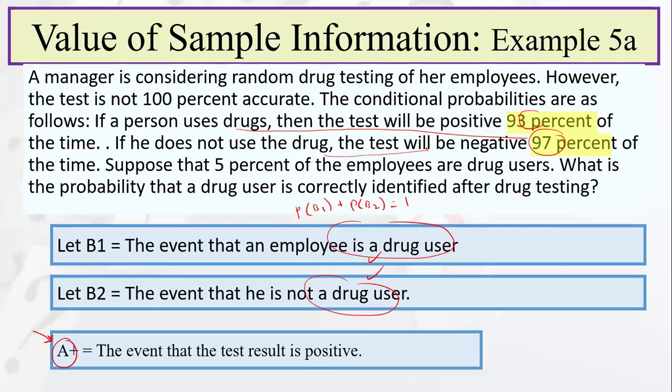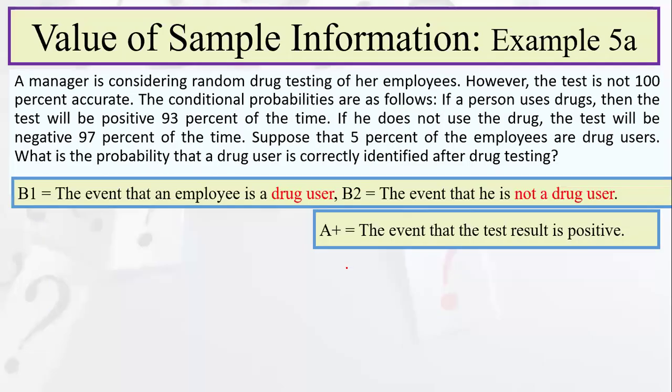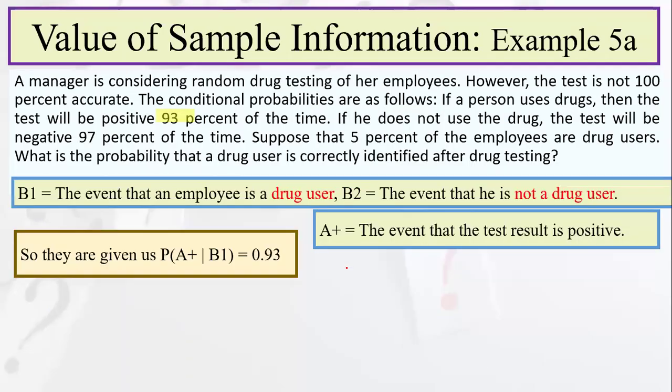So uses the drug and doesn't use the drug are B1 and B2, with A plus and A plus dash for the test results. So he's a drug user and tested positive is 93%.